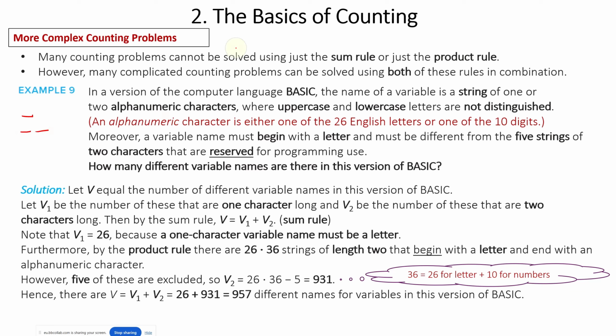Alphanumeric means it can be a number or a letter. That's what alphanumeric means. And uppercase and lowercase letters are not distinguished.